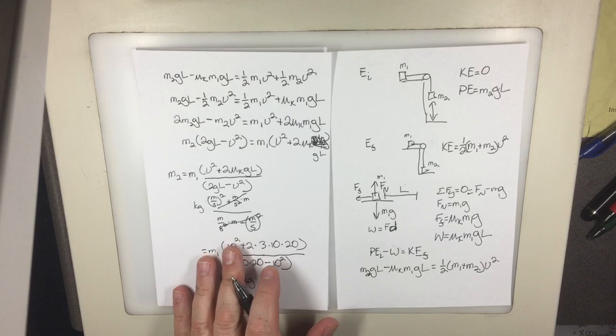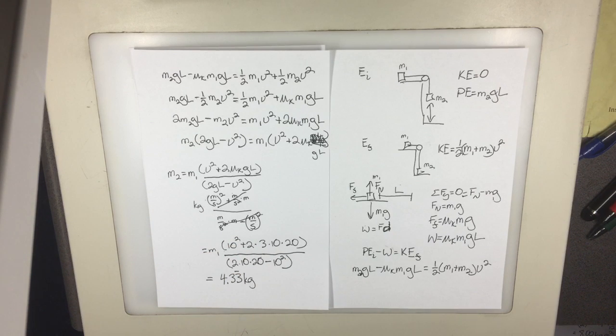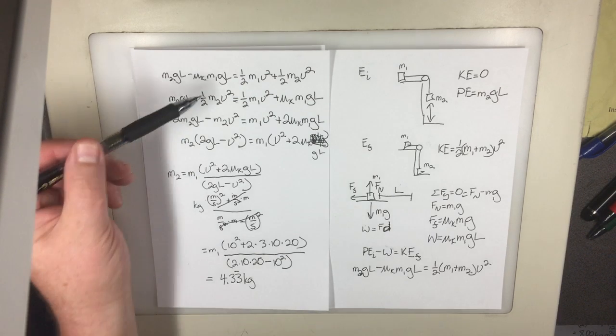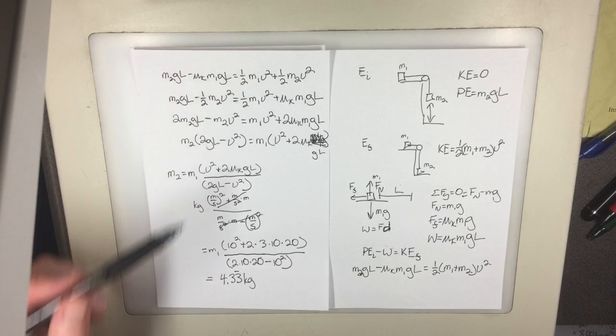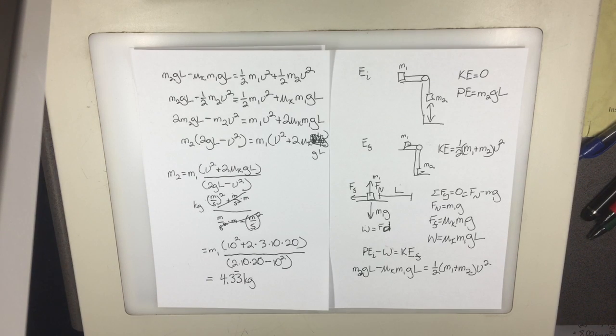So the only object that changes its potential energy is mass 2. Now the reason why I have mu sub k m1 gL is that L is the distance that M1 moved across, because if M2 falls L, M1 moves L.